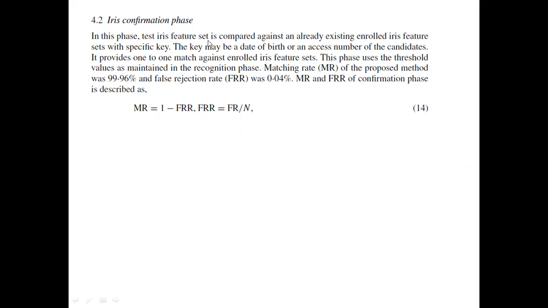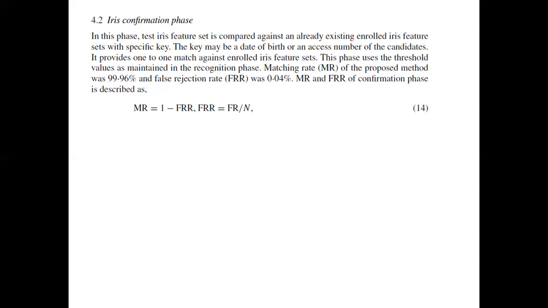The test feature set is compared against already existing enrolled iris feature sets with a specific key. The key must be the date of birth or the access number of the candidate, maybe ID or resident card ID or bank account number, anything you can use, such as University College ID number. It is provided for one-to-one match against the enrolled iris feature set. This phase uses the threshold value maintained as in the recognition phase.